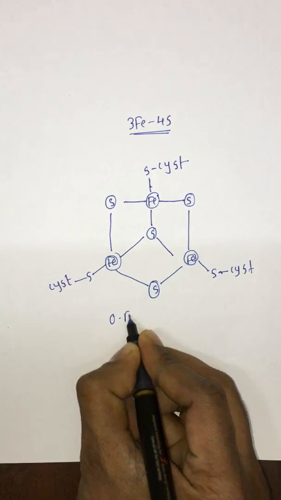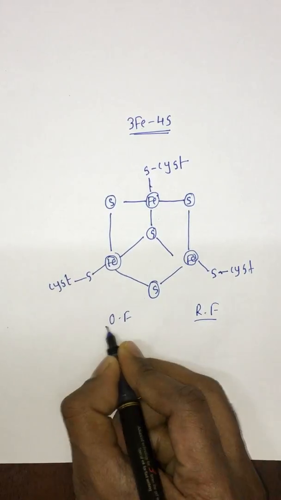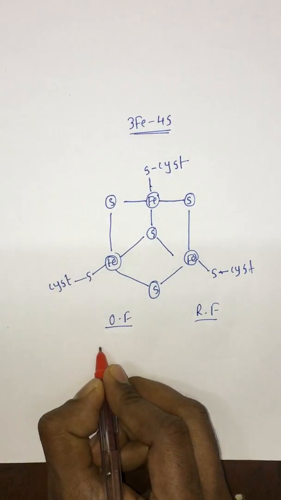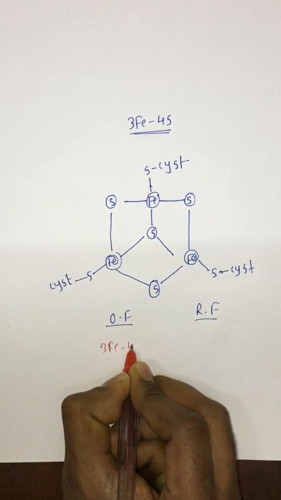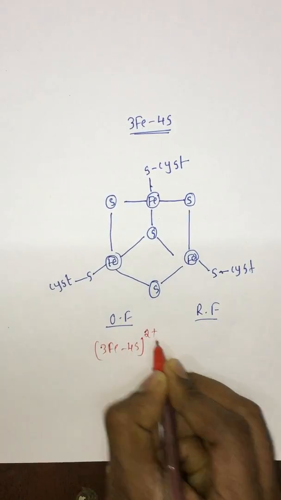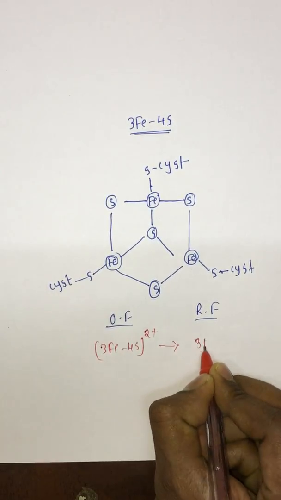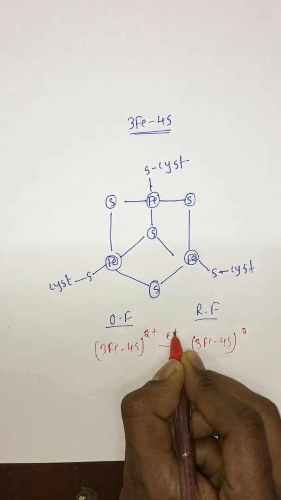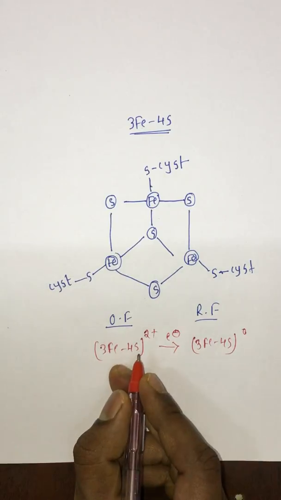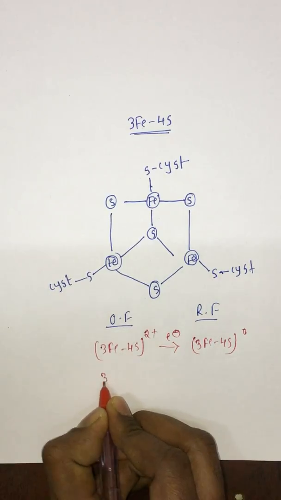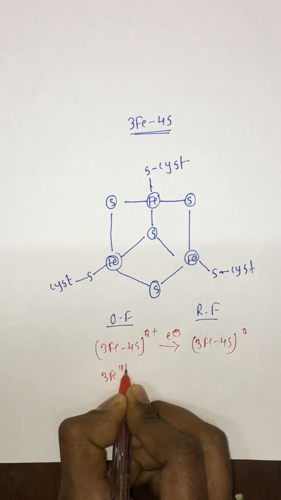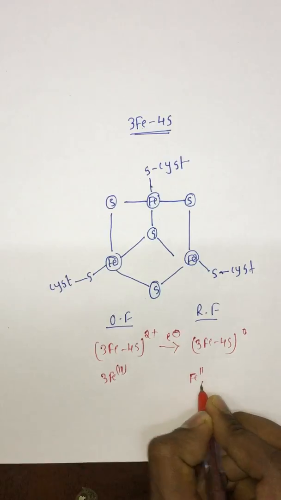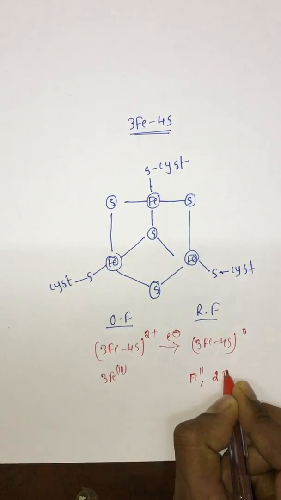So in oxidized form and reduced form, this is the reaction: 3Fe4S 2+ goes to 3Fe4S 0. One electron goes and adds here. So in oxidized form, 3 iron atoms are present in +3 oxidation state. In reduced form, 1 iron atom is +2 and 2 iron atoms are +3.